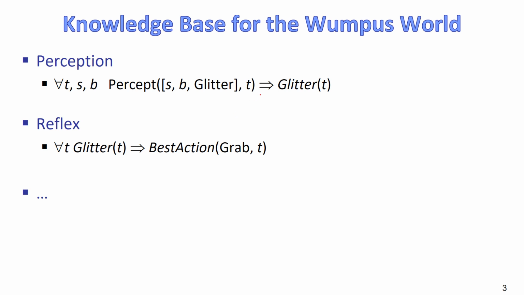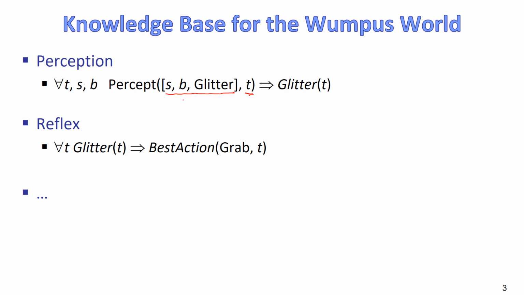So we define a predicate, Percept, and this predicate takes the perceived signals and the time, and it indicates that these signals are perceived at that time.